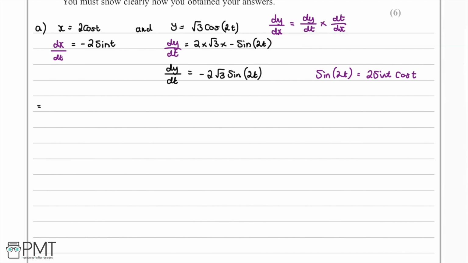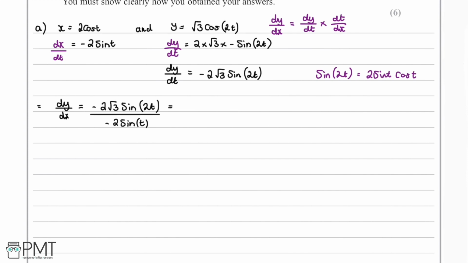So we'll then have that dy by dx is going to be equal to negative 2 root 3 sine 2t, and then we'll multiply that by 1 over dx by dt, which is going to be the same as dividing all of this here by negative 2 sine t.